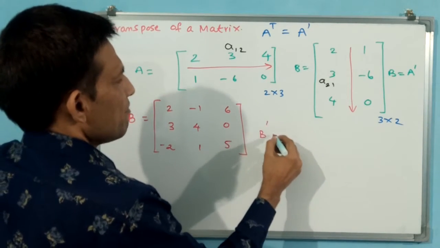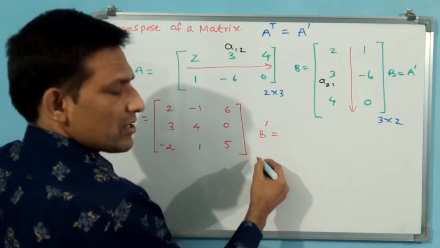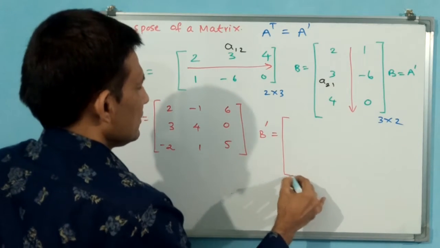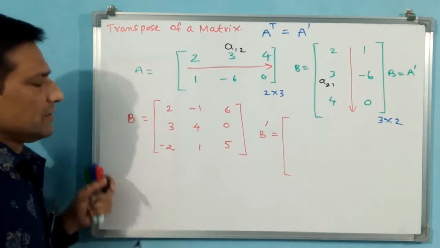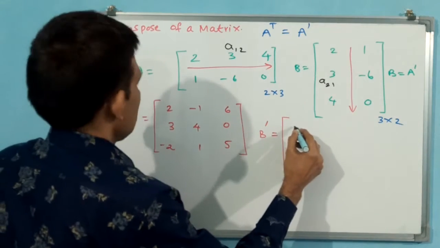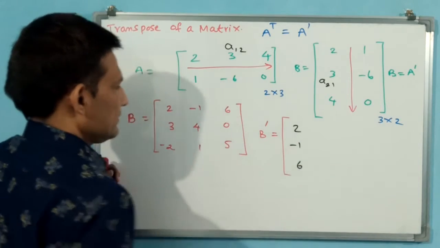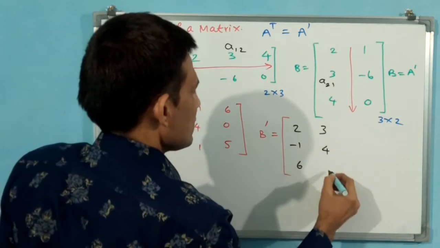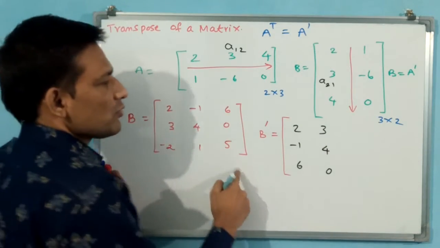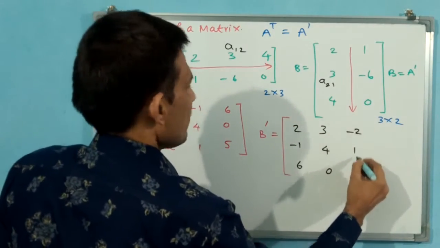You see, B dash, B transpose is equal to, okay, this row is going to become a column: 2, -1, 6. Second row is going to become second column: 3, 4, 0. Third row is going to become third column: -2, 1, 5.